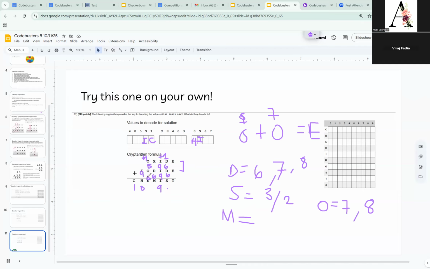And then this would make sense, right? Because if we have O as 8, we would have 16. So E could either be 6 or 7 if we have a carryover. But if we're assuming D is 6, it can't be 6 then. So E would have to be 7.